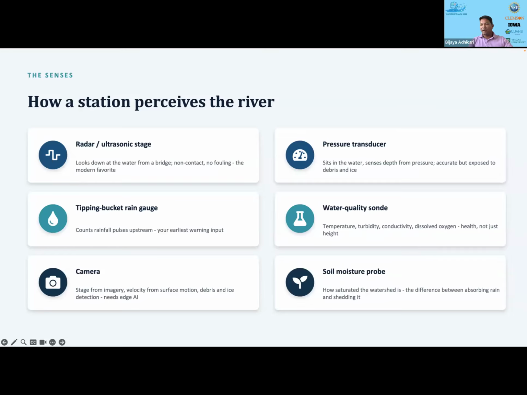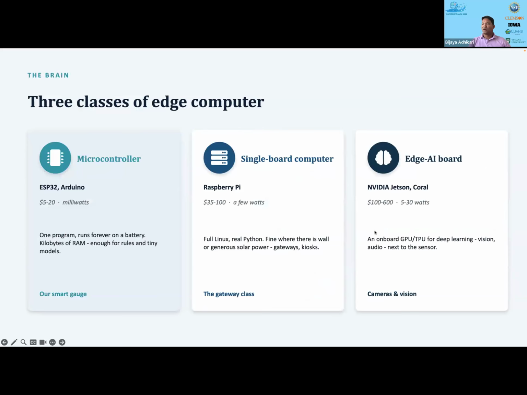unless the camera is very well calibrated, with markings and so on. But the pressure gauge is exposed to debris; something might hit the sensor. There are also water quality sensors, which can sense the temperature, turbidity, conductivity, oxygen levels, pH probably, and so on.